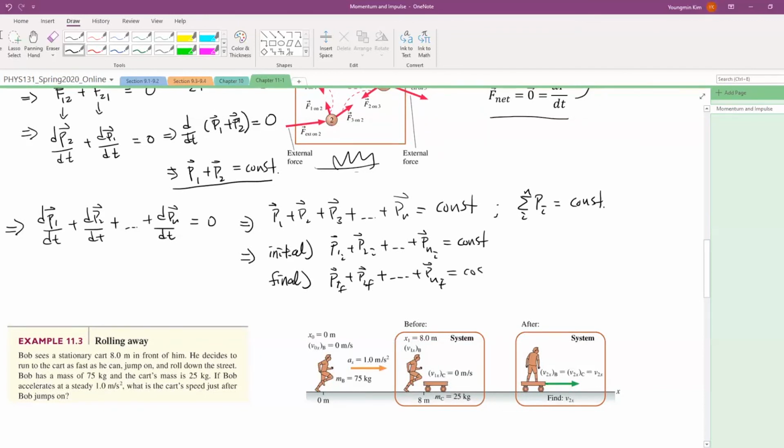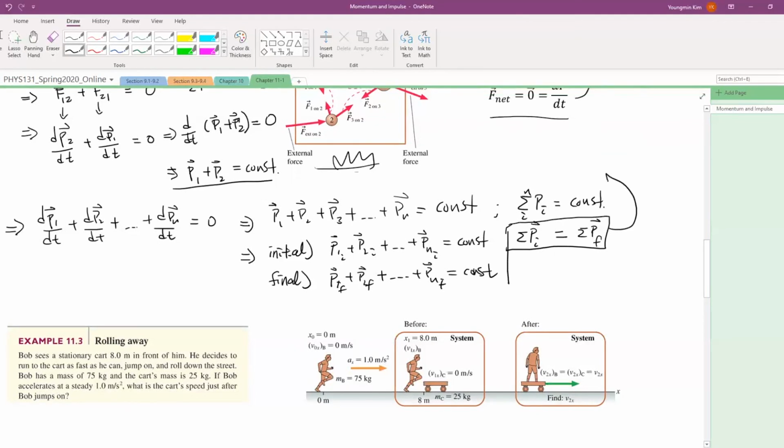Of course, they are also constant. And because they're both constant, now this in compact form is written like this, and then you have the final component written like that, and they're both constant, they don't change, they're equal. So now this expression is a conservation of momentum that we will use for solving problems.